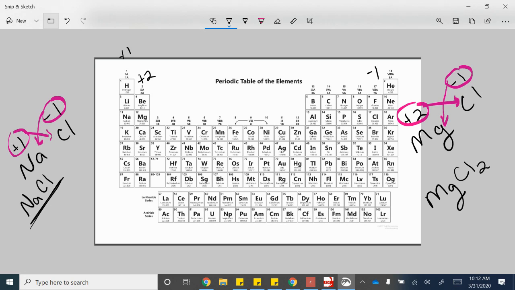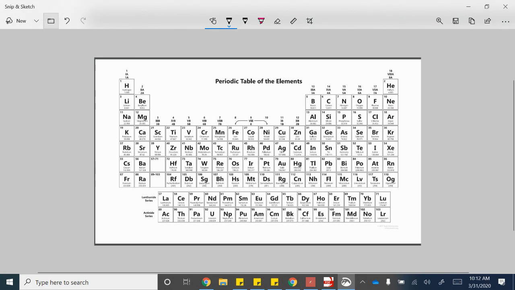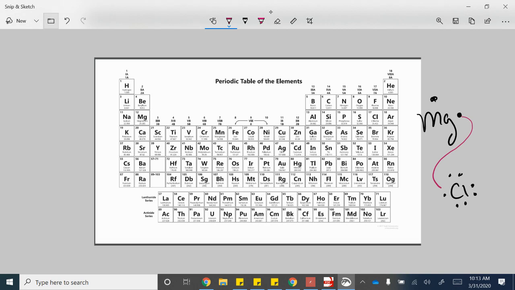You could draw the Lewis dot structure to show how these are chemically bonding to each other and why we specifically need 2 chlorines. Let's do that really fast just to make sure we understand. So magnesium, in its Lewis dot structure, has 2 valence electrons, and chlorine has 7 valence electrons, right? So magnesium can donate 1 electron to this chlorine.